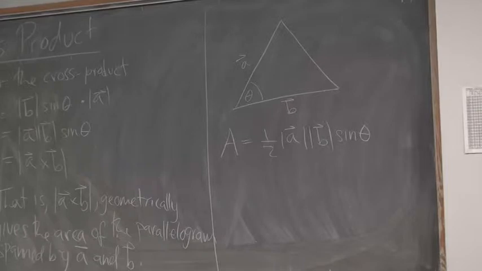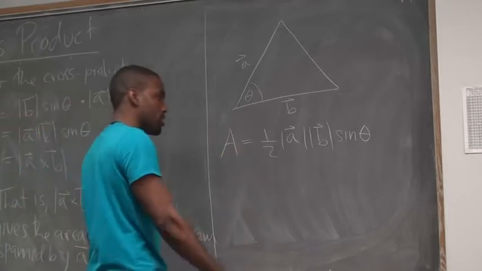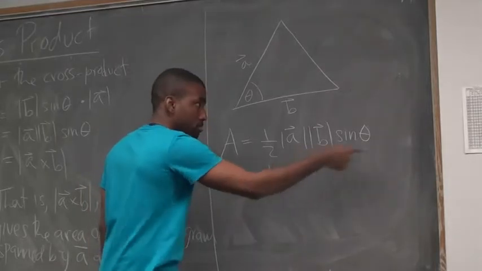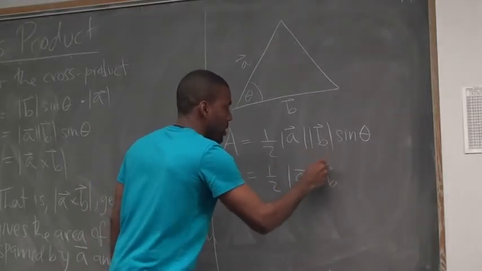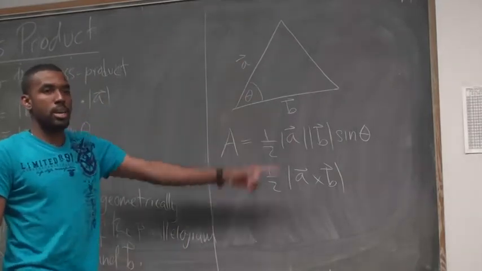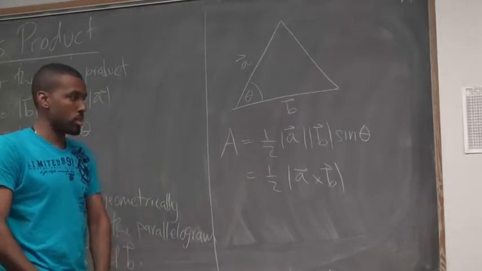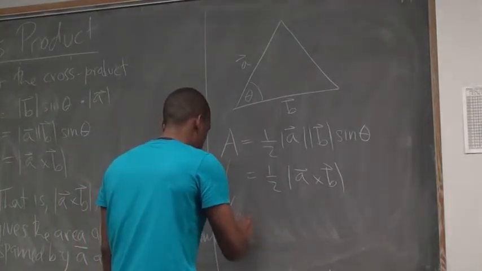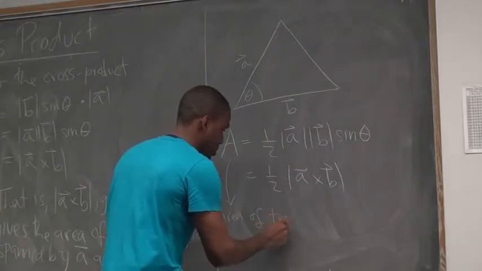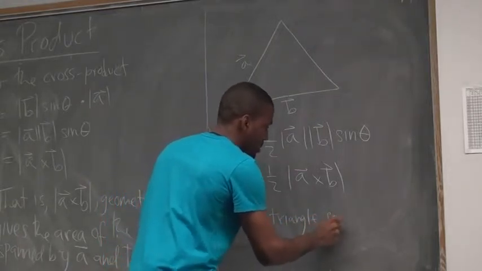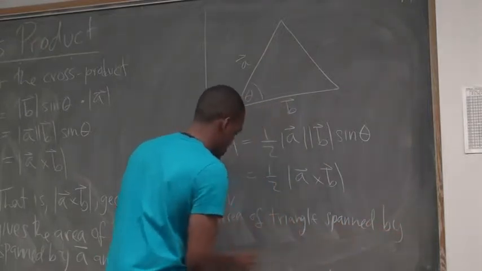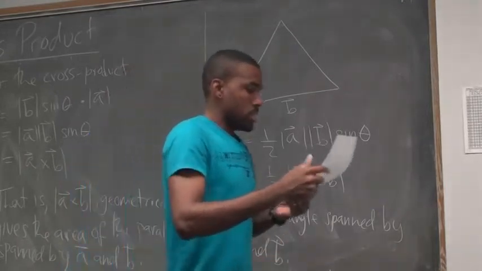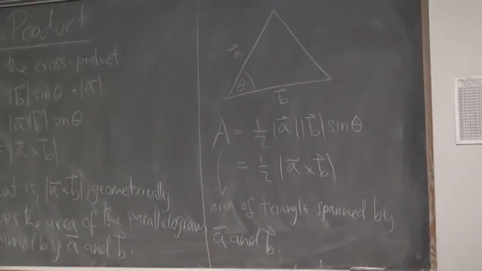I think they developed that formula from cutting that in half, right? But that is, again, the magnitude of the cross product. So if you have a triangle that's spanned by A and B, the area is just half the magnitude of the cross product. This is the area of the triangle. So those are some nice geometrical interpretations.